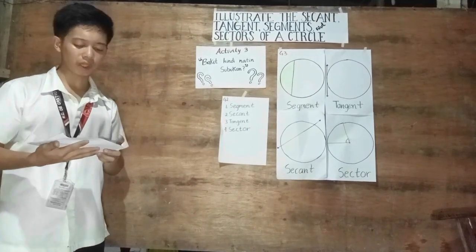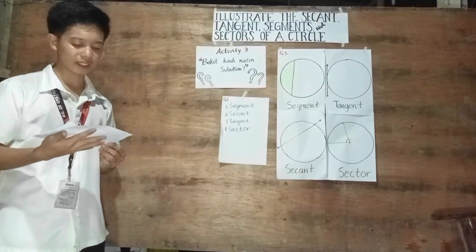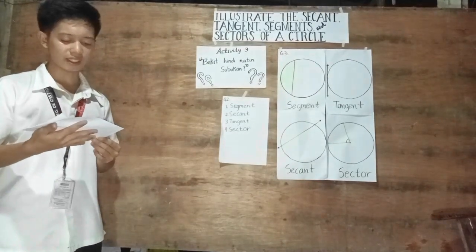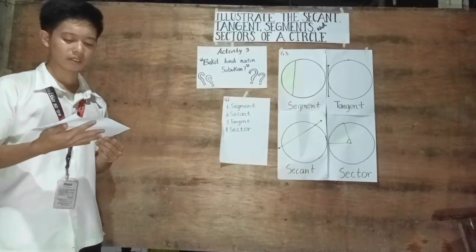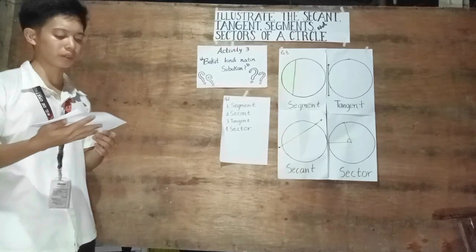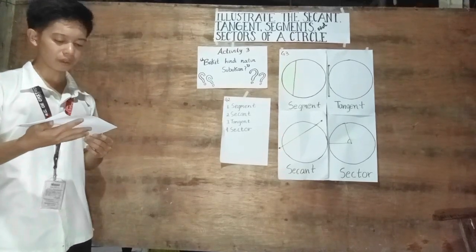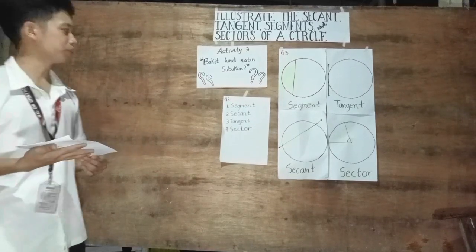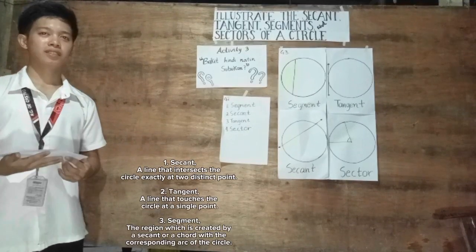For group number 1, define secant, tangent, segment, and sector shortly but concisely, using your own words. Group 1: 1. Secant.